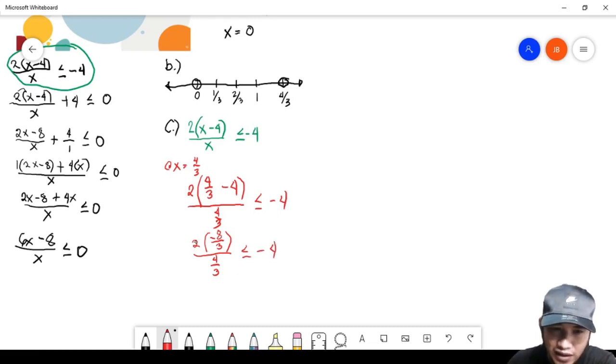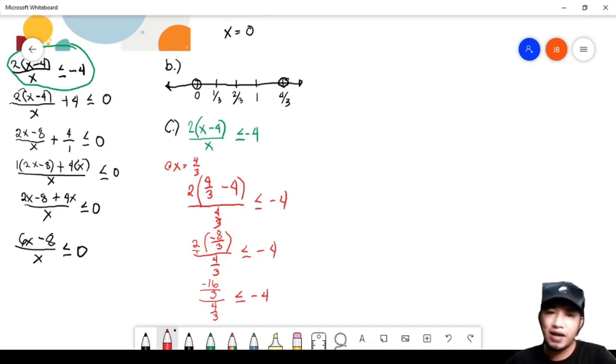So alam natin that this whole number 2 has a denominator of 1, imaginary 1, di ba? So 2 times negative 8 will give you negative 16 all over 1 times 3 is 3. Alright. All over 4 over 3. Alright. Is less than or equal to negative 4.